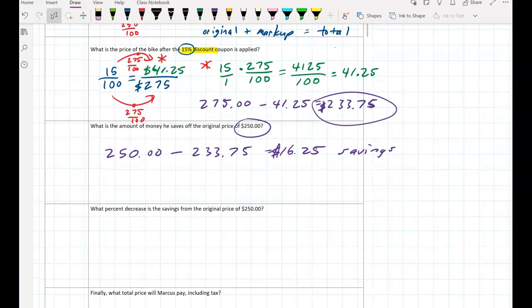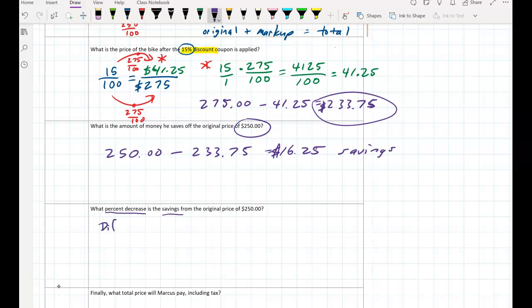Now, this next question asks, what percent decrease is the savings from the original price of $250? Well, because it's a percent decrease, we know that we are going to start off by finding the difference. We already found the difference between $250 and $233.75.